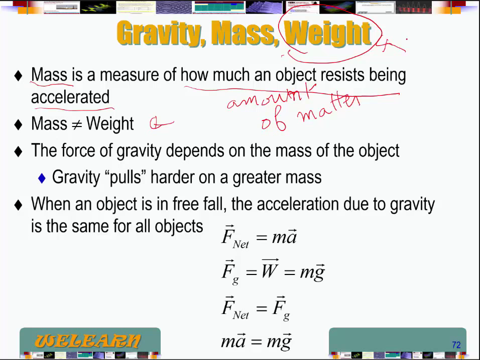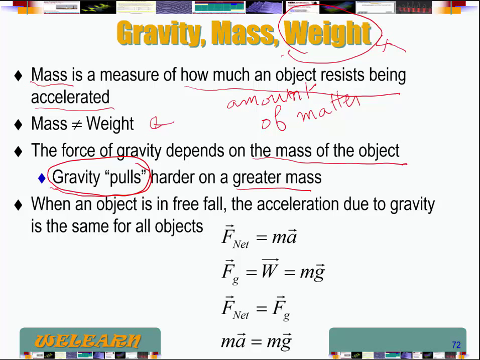In other words, weight and force of gravity are synonyms. Now, the force of gravity depends on the mass of the object. The greater the mass, the larger the gravitational pull.